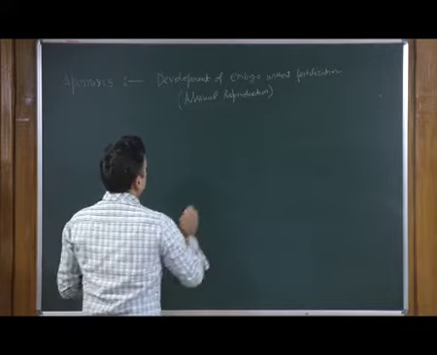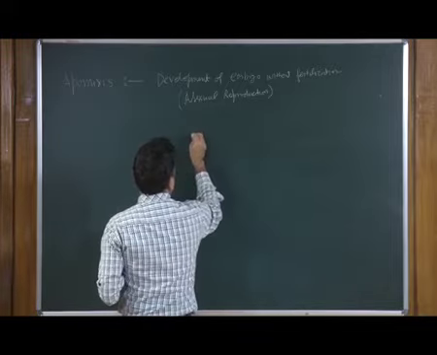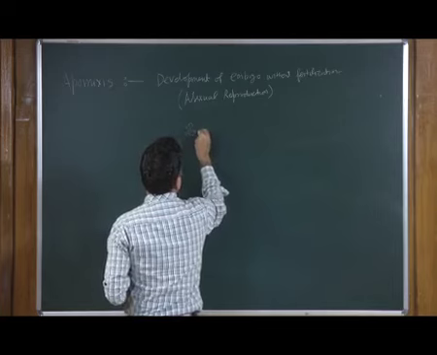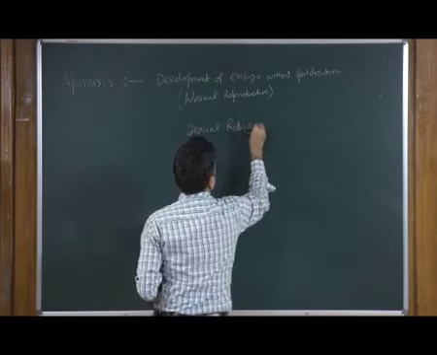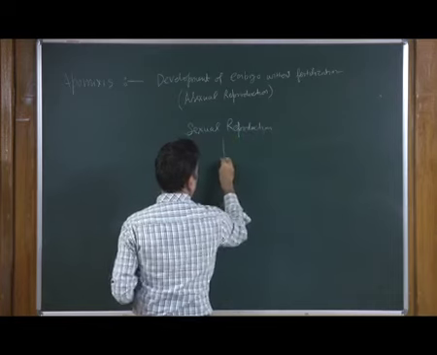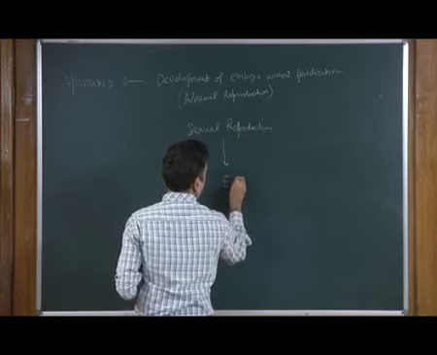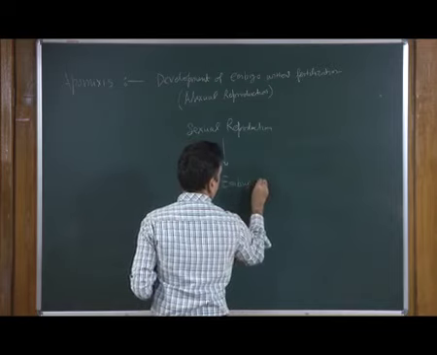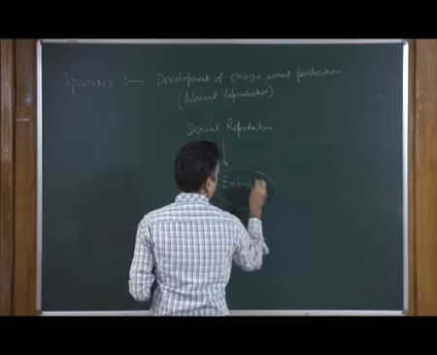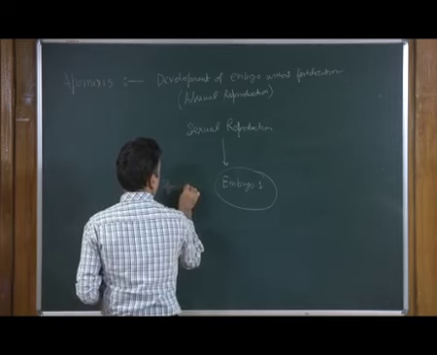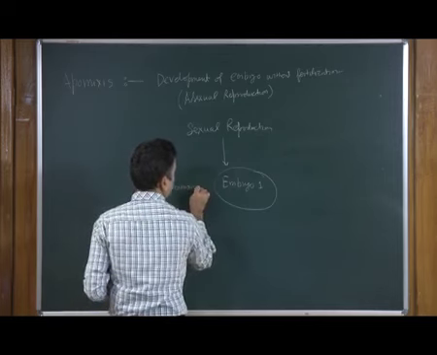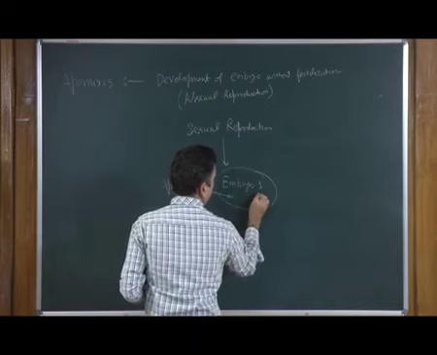You can imagine that a plant is going for sexual reproduction and developing embryo 1 within the embryo sac, and a similar plant going with apomixis is developing embryo number 2.